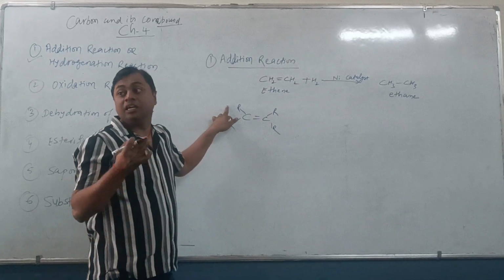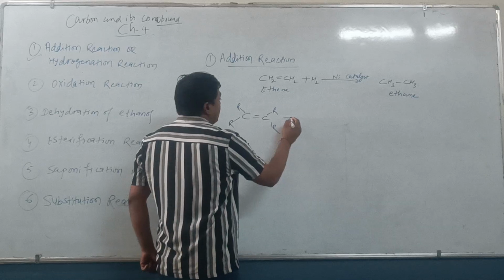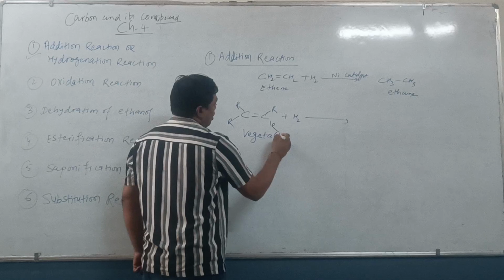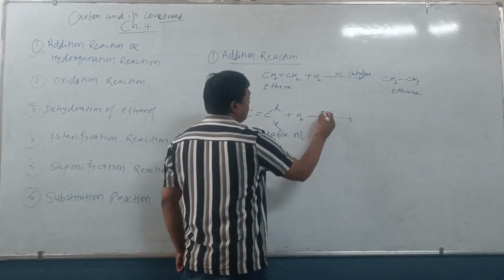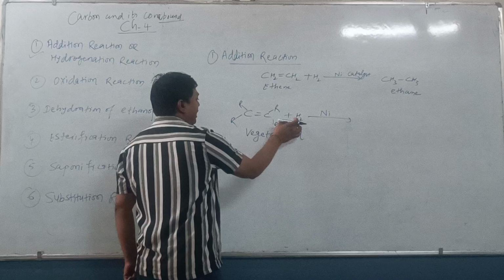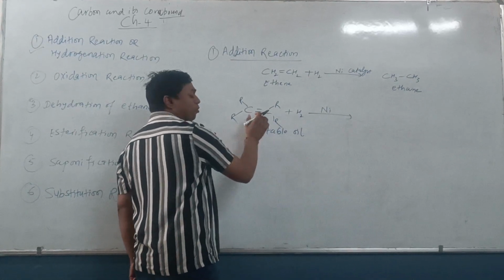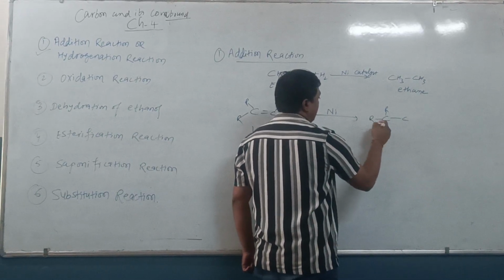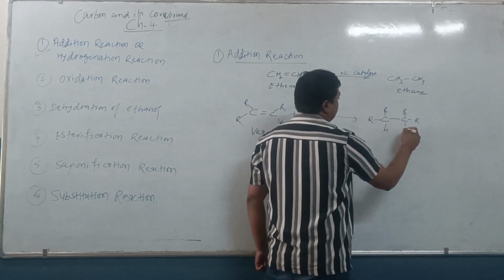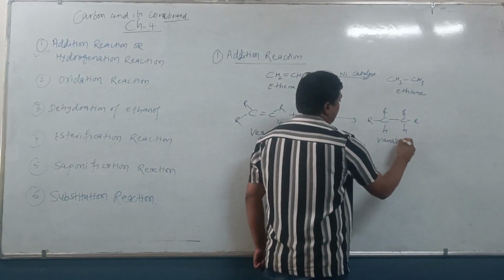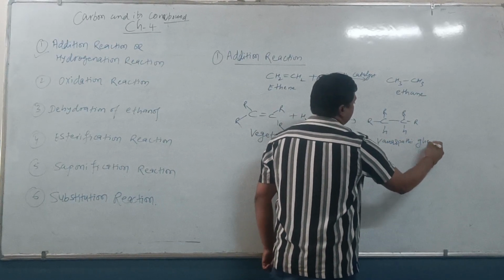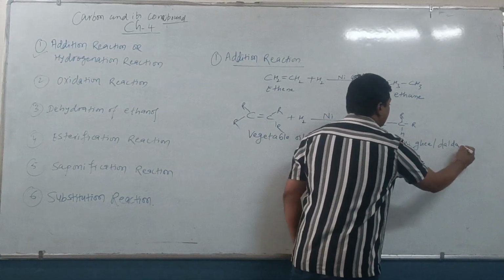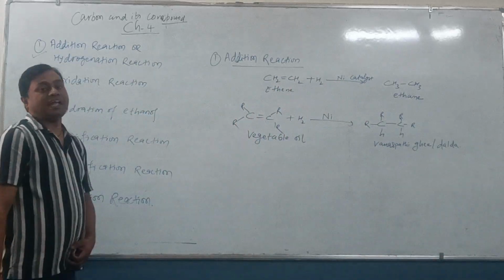So once hydrogen is added to vegetable oil in the presence of nickel catalyst, one hydrogen comes here and one hydrogen comes here and the double bond will change into single bond. This is vanaspati ghee, also called dalda, a cheap quality of ghee. Clear?